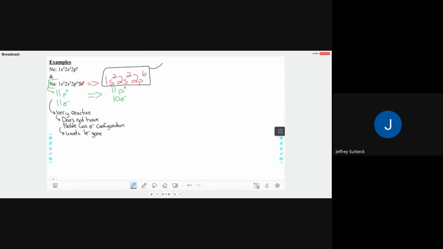Number one, by losing 1 valence electron, it has that noble gas electron configuration. All right, well, that really satisfies sodium. It doesn't need to react anymore, and it's happy.